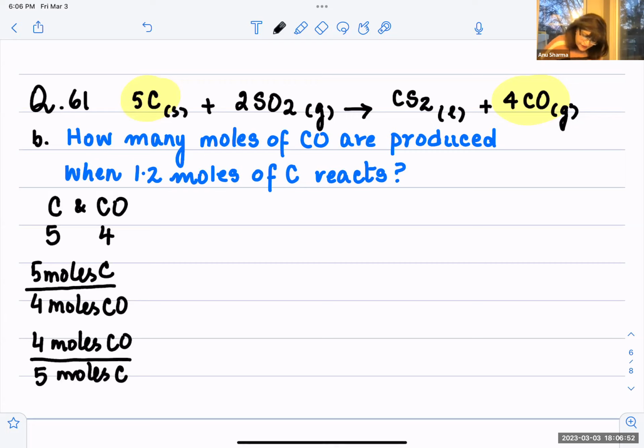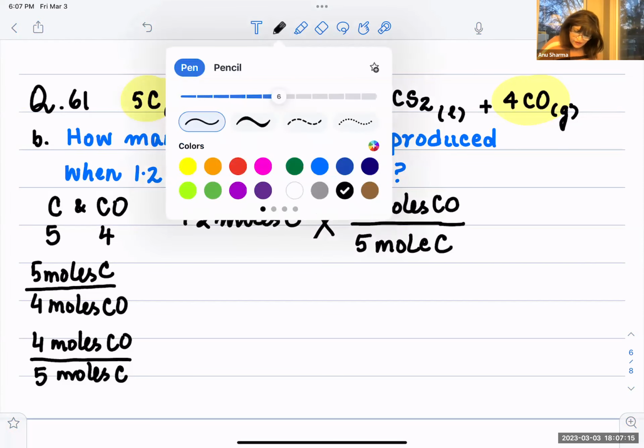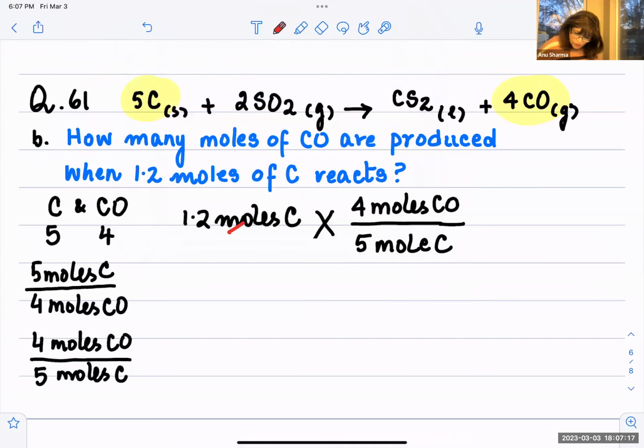Now we are given 1.2 moles of carbon, and we need to find the moles of carbon monoxide. We know that 4 moles of carbon monoxide are produced when 5 moles of carbon react. So here the moles of carbon cancel out, and you're just left with the moles of carbon monoxide.